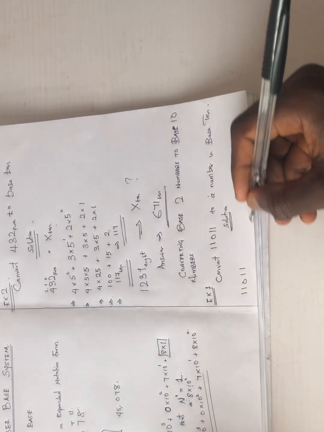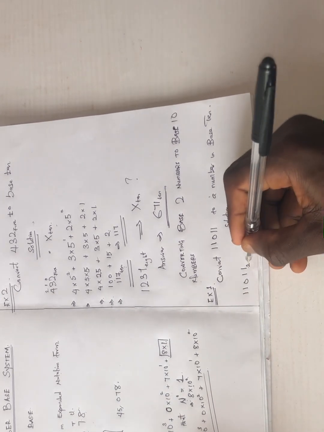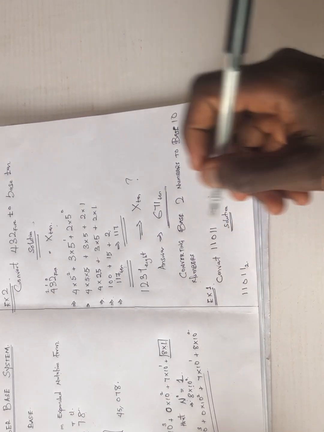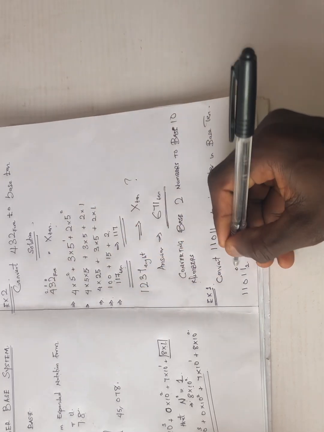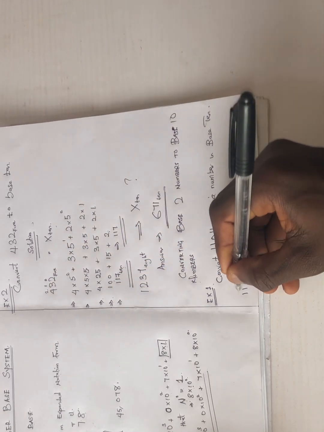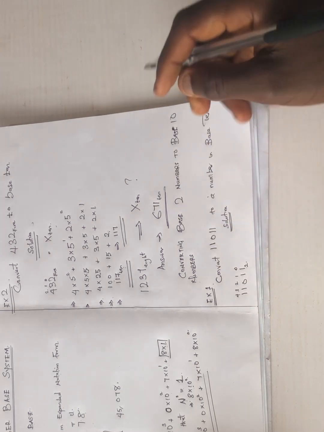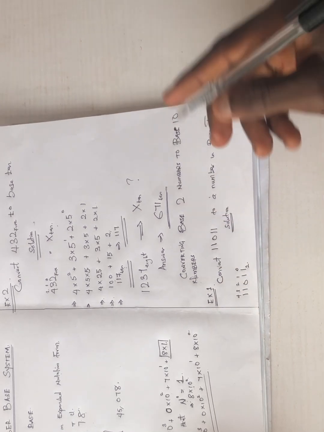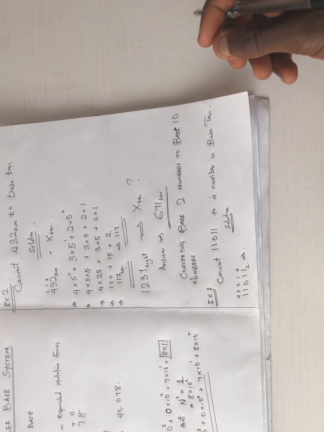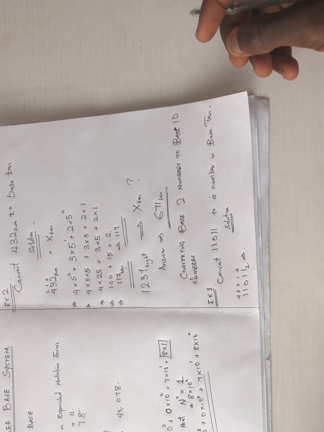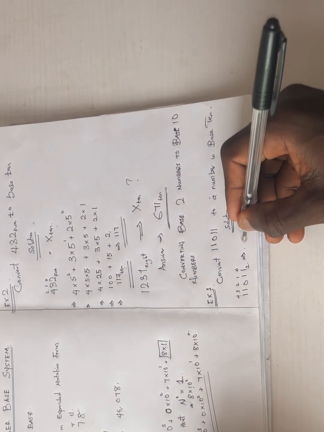11011 in base 2. You already know that's in base 2. So just like what you did here, you number it from the back also: 0, 1, 2, 3, 4. Can you see? Alright, then now we can expand.